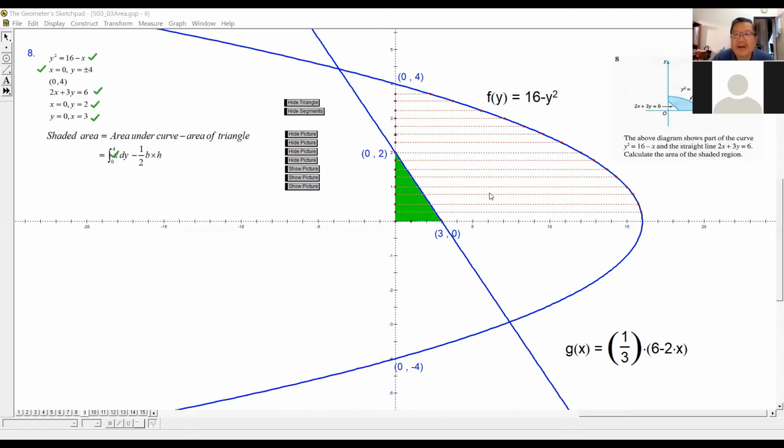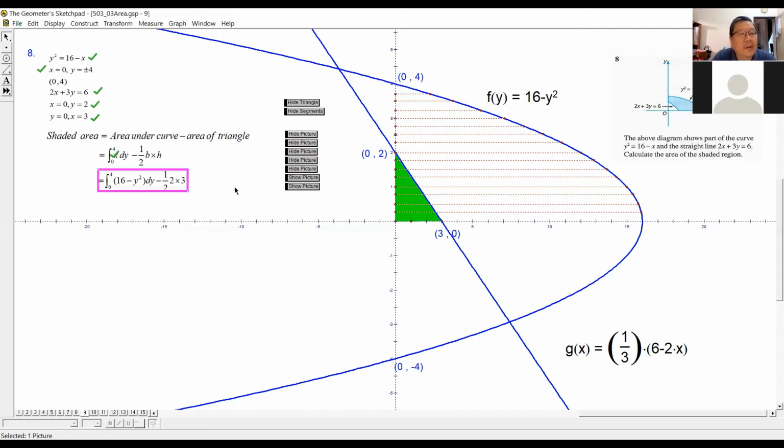What are the limits? This is the area here, from here until the very top here. So the limit must be from 0 to 4. But the limit from 0 to 4 also includes this triangle, the green triangle. So I have to subtract the green triangle.